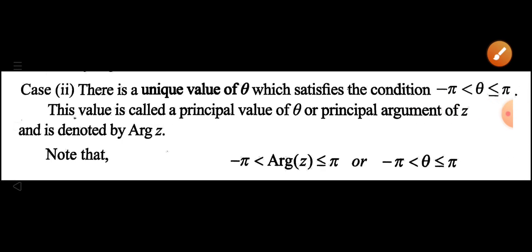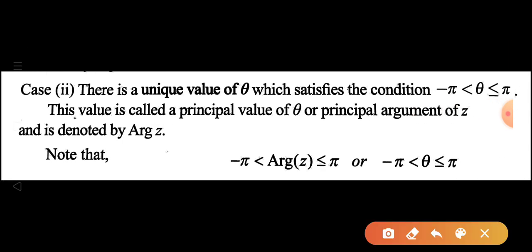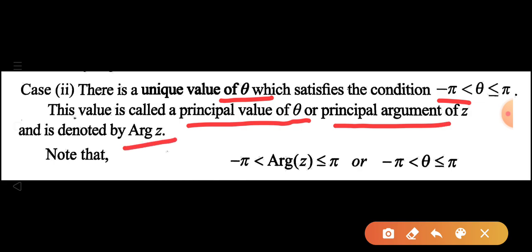Now case 2. There is a unique value of theta which satisfies the condition minus pi less than theta less than or equal to plus pi.